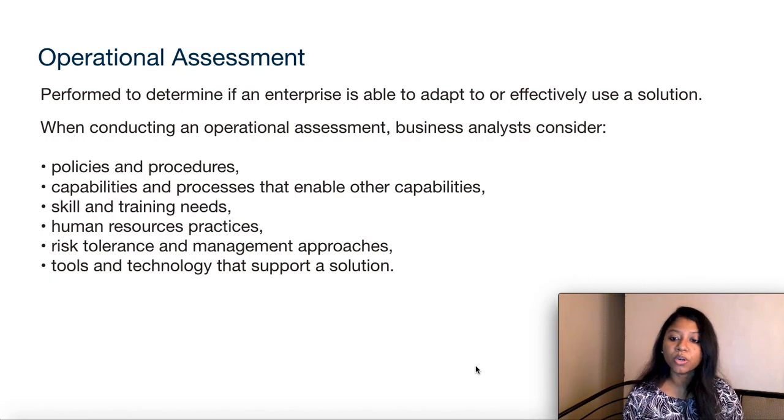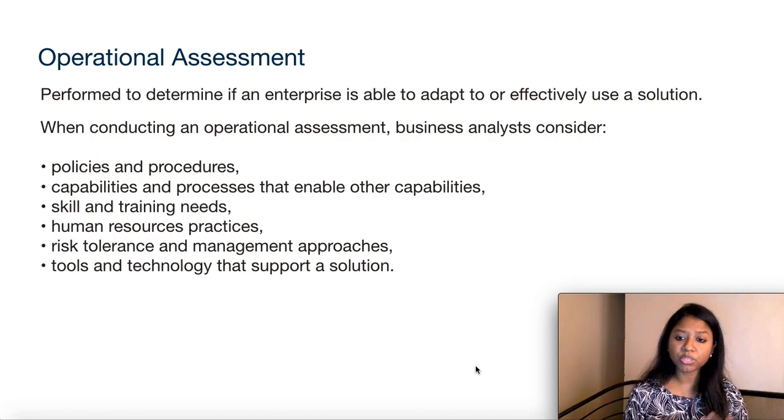The next one is you want to see if there are any capabilities and processes that enable other capabilities. You also want to check if there are any skills and training that are required in order to utilize the solution. Let's say it's a totally new solution and certain skills and training need to be conducted in order for people to adapt to that solution, then yes, you should be considering that.